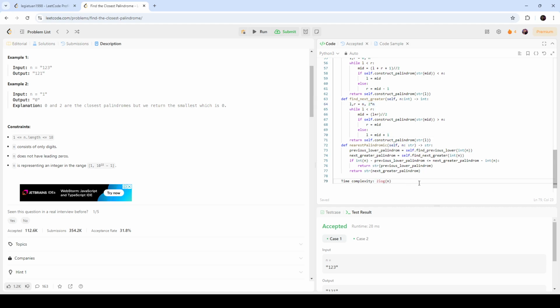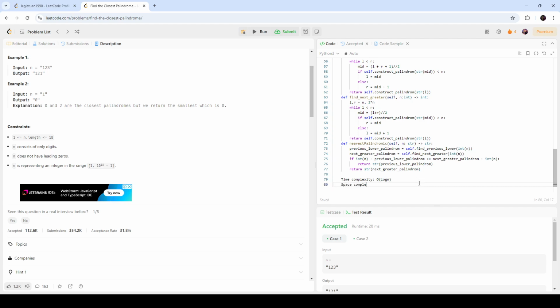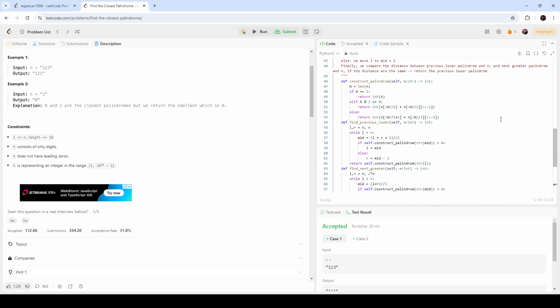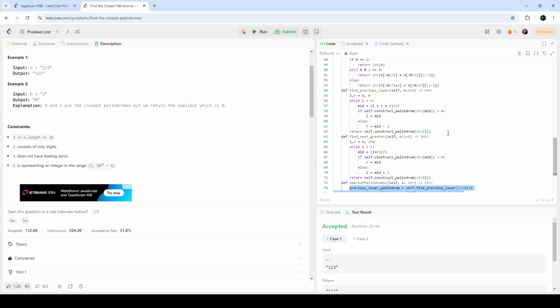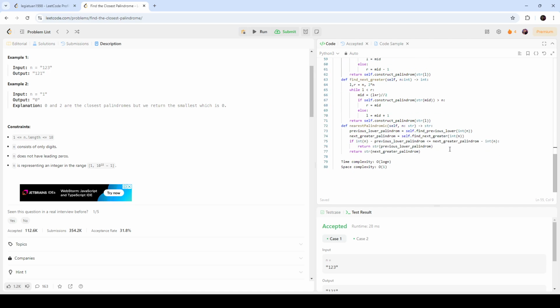Okay, so that's 2 log n, right? Which basically is O(log n) if we reduce it, right? And for the space complexity, it's going to be O(1). We basically only need 2 variables, right? For this guy, we will need 2 pointers, and this guy is also 2 pointers, so that's just O(1).